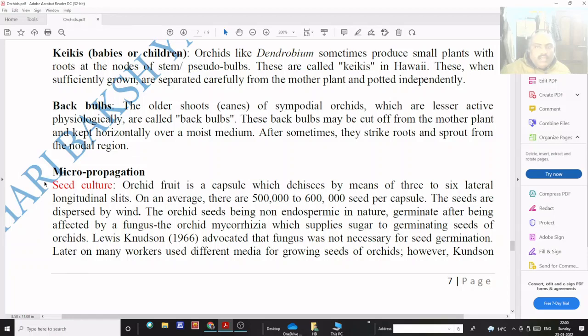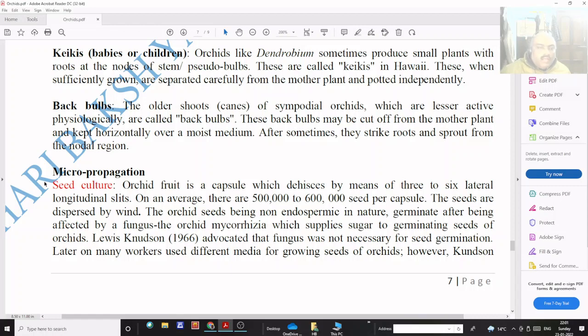Initially, it was discovered that orchid seeds can only germinate if there is an association of mycorrhizal fungi with the roots.